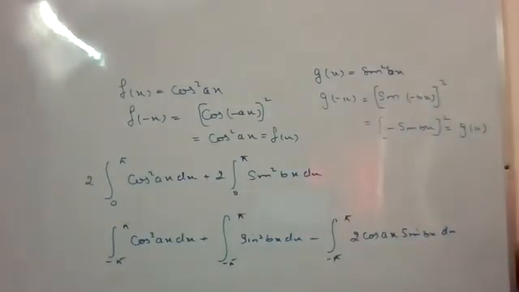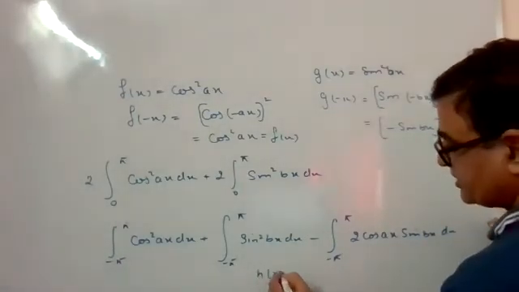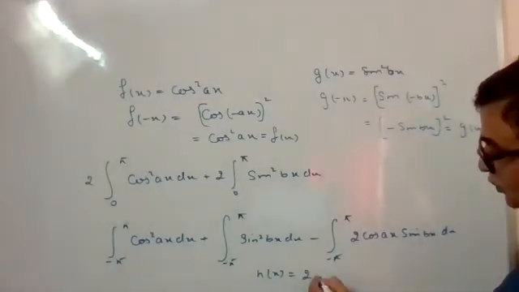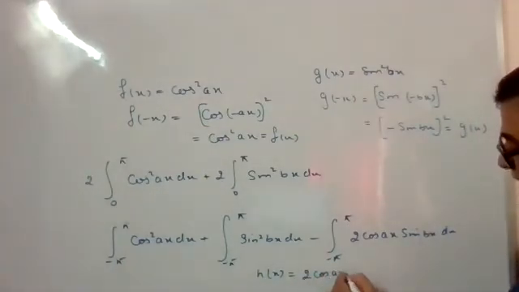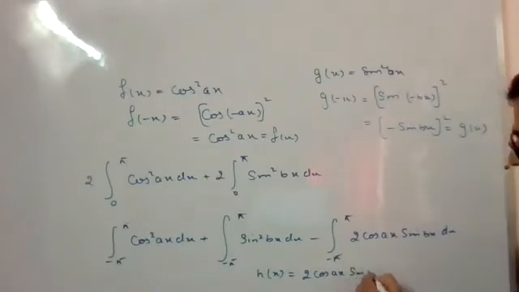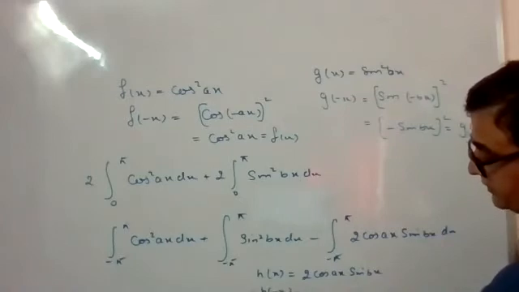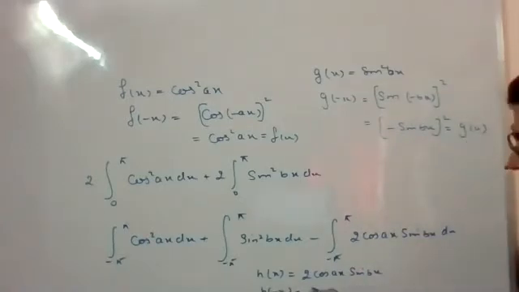This part is left only. We will check this also. Let this be h(x). When you have h(x), it will be 2 cos ax sine bx. When you take h of minus x, I'll write 2 cos of minus ax sine of minus bx.